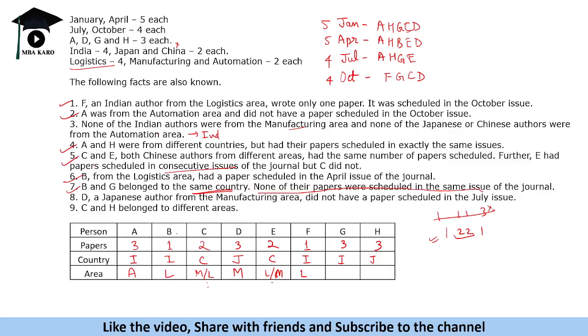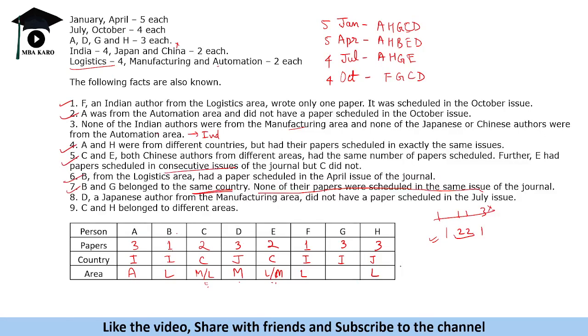C and E, we say are from different areas, right? So they cannot be from automation. That we could sense because they are from China. So one of these manufacturing comes from these two people. H is not possible as manufacturing. H cannot be automation because H is from Japan. So H is in logistics.